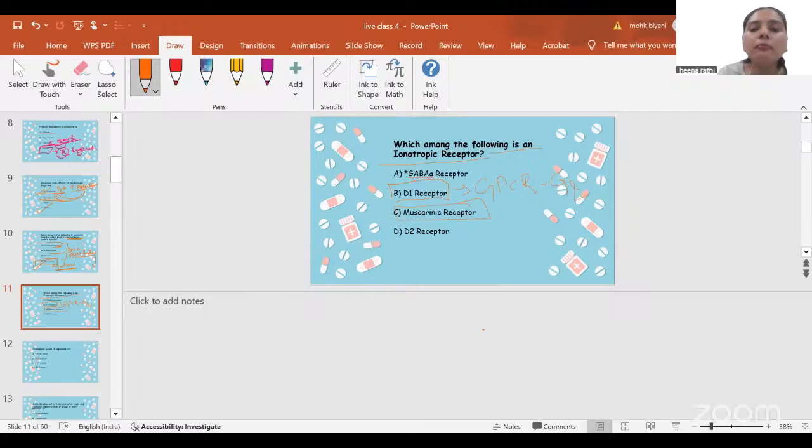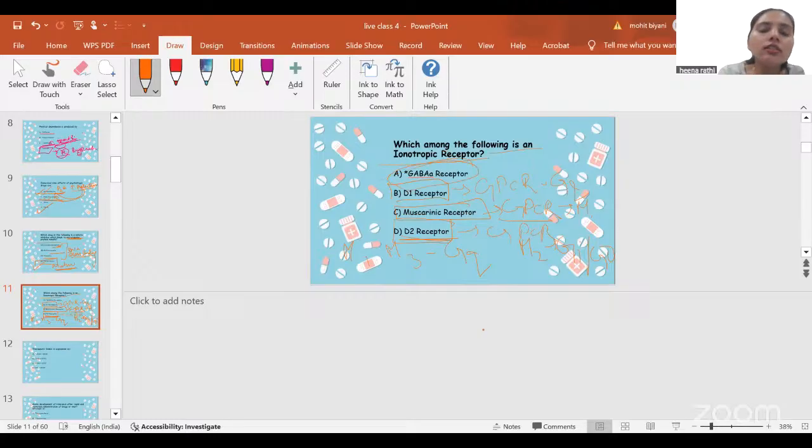Muscarinic receptor is also a GPCR, and there are different varieties, M1, M2, M3, M4, M5, which work through different types of GPCR. Like M1 and M3 are Gq type, and M2 is Gi or Go type. D2 dopamine receptor again works through the GPCR.